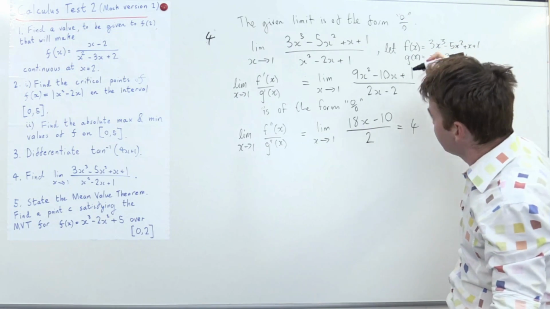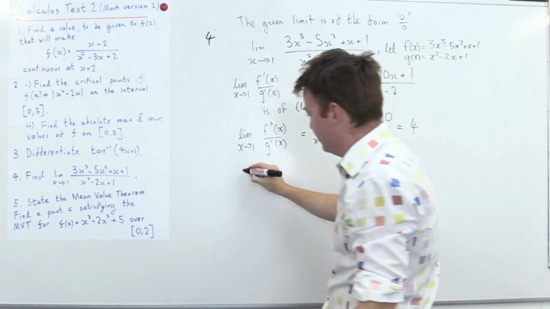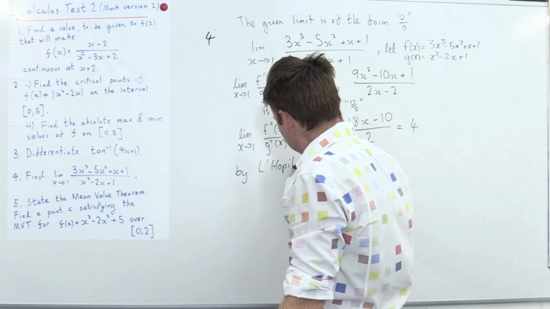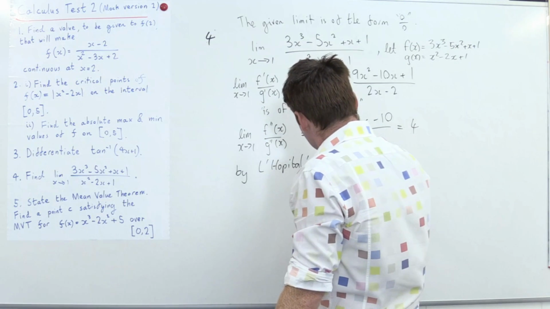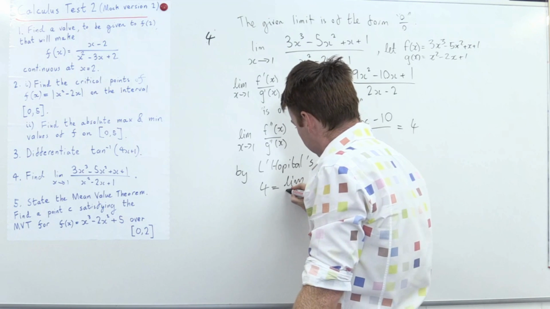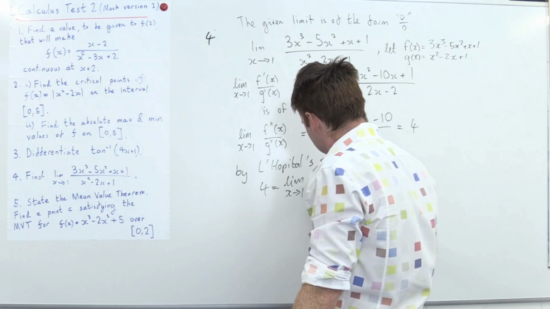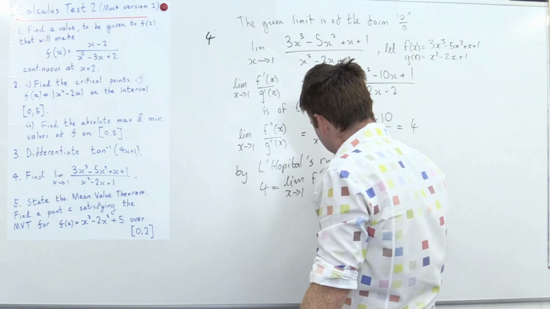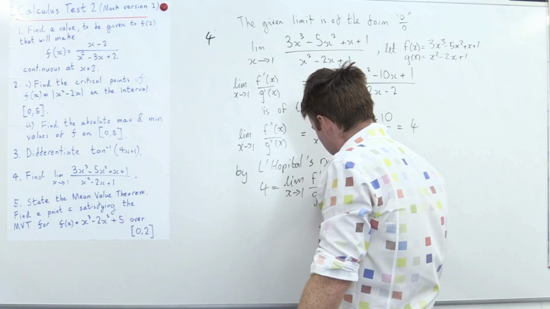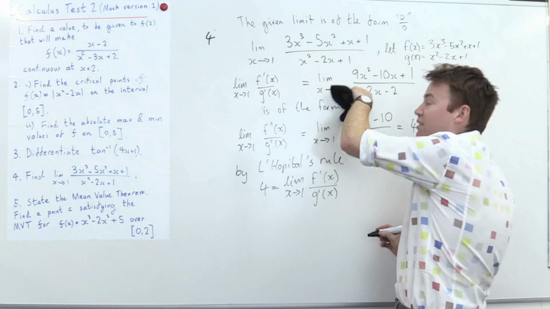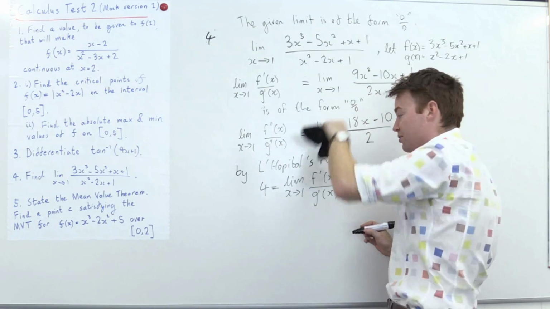Therefore, by L'Hopital's rule, it's equal to this. Four, being this limit, is equal to this limit. That's what L'Hopital's rule tells you.